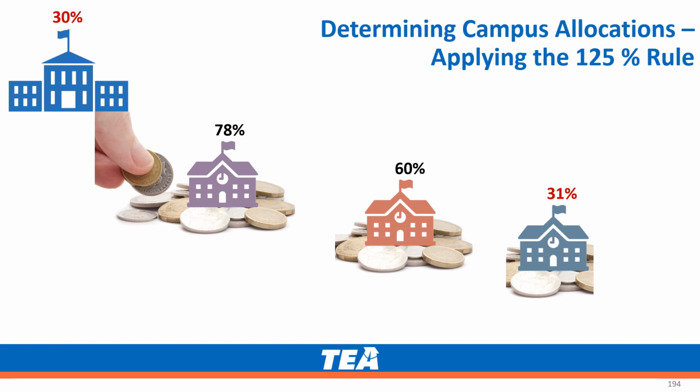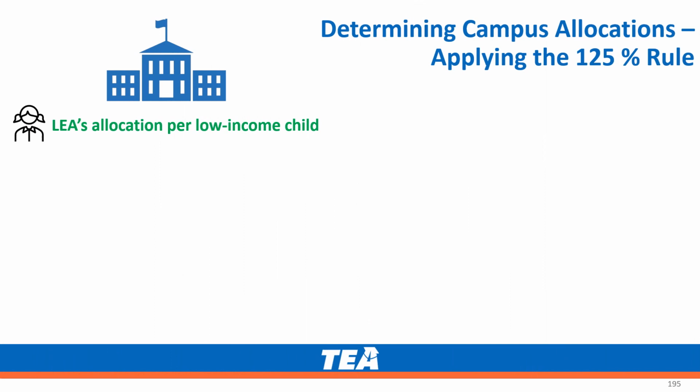The 125% rule requires an LEA to allocate an amount for each low-income child in each participating Title I school that is at least 125% of the LEA's allocation per low-income child. Determining the LEA's allocation per low-income child is a two-step process.